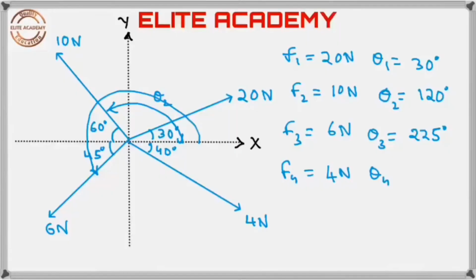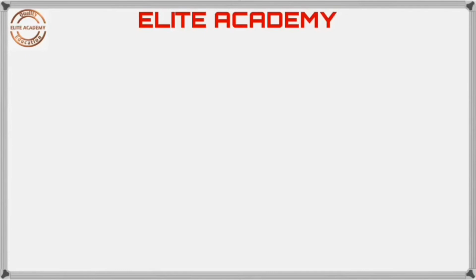Here the fourth force F4 is equal to 4 newtons, and its angle with positive x-axis measured in anti-clockwise, theta 4, is equal to 320 degrees. This is 360 minus 40, 320 degrees. Let us find the resultant of these forces.